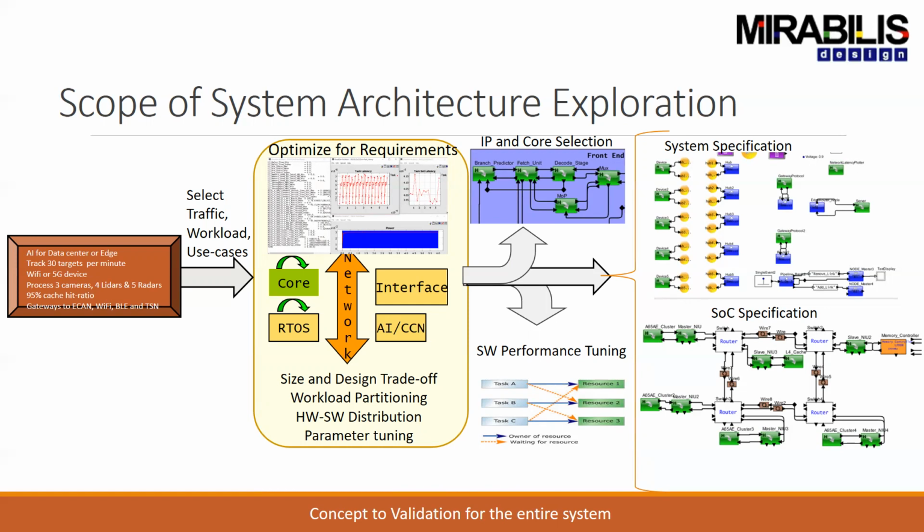That can be IP selection, software performance tuning, or the entire SoC specification itself. But it all starts off with the basic requirements. Next we move on to the block diagram implementation, where we can use Visual Sim Architect to explore different possibilities.